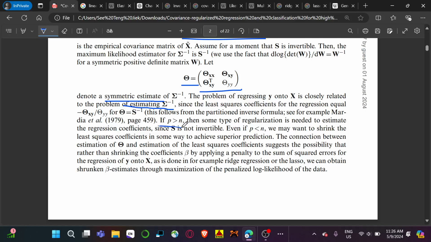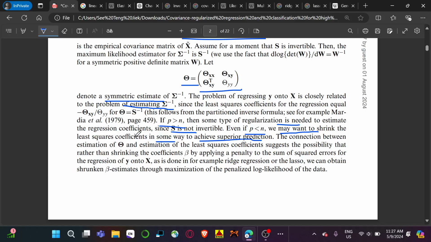If p is greater than n, if the number of features is greater than the number of observations, some type of regularization is needed, since S is not invertible. Even if the number of observations is greater than the number of features, you may still want to shrink it in some way. That means you want to regularize it too, even if your number of observations is large, is what they say.